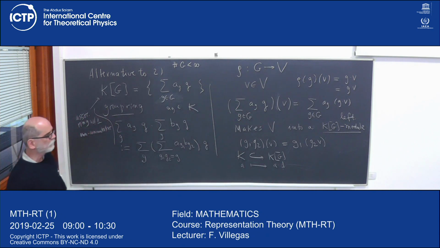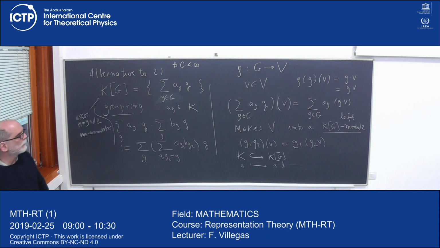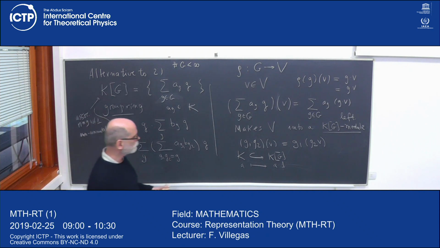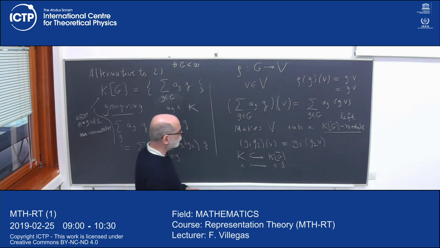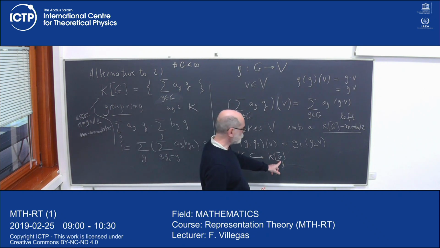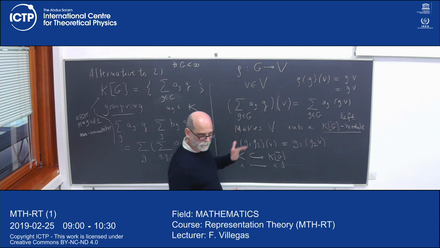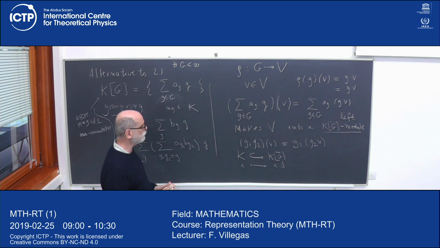That's just the usual product in K, and the sum as well. So this is a map of rings. And so if you have a set on which you know how to act by KG elements, you know how to act by K elements, and that gives the set the structure of a vector space.